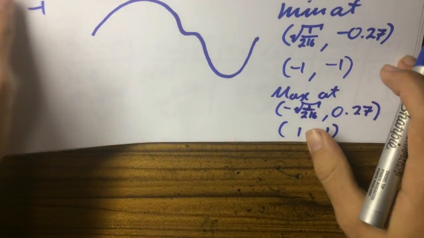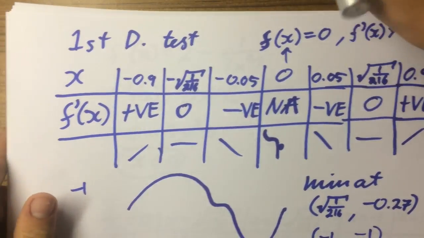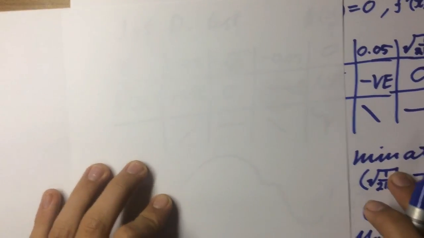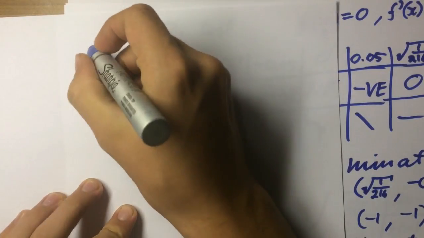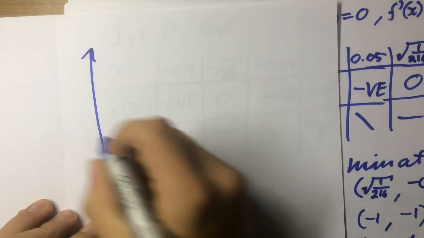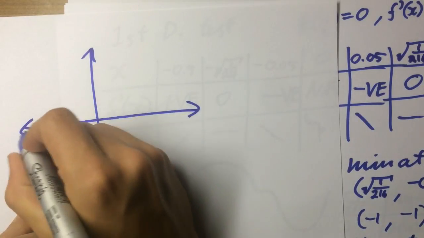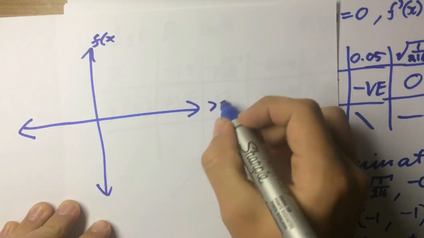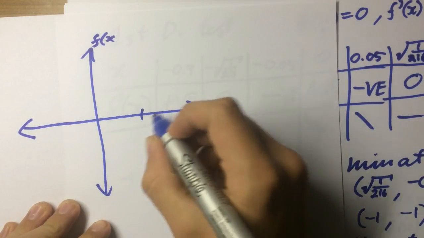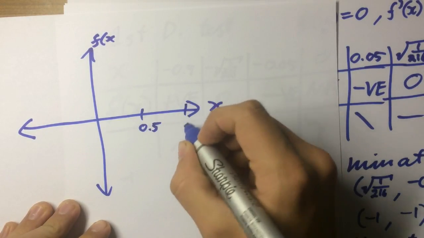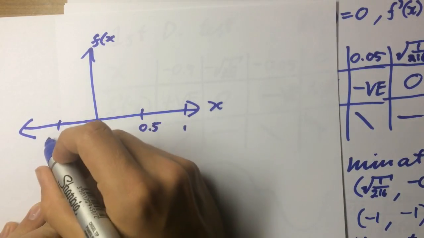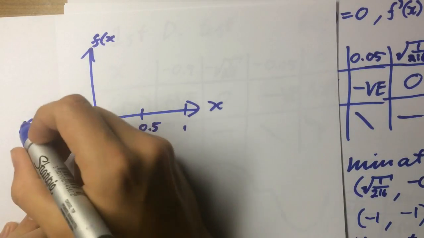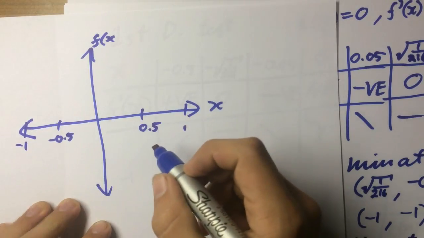Anyway, now we have these values. Let's draw the graph. So we have f(x) and now x. Okay, so we're going to put 0.5 here, 1, -0.5, and -1.